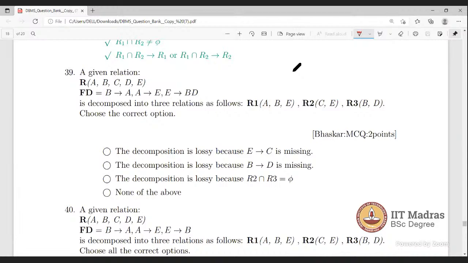But if you have E goes to C, then it is lossless. Otherwise it is lossy. Got the point?